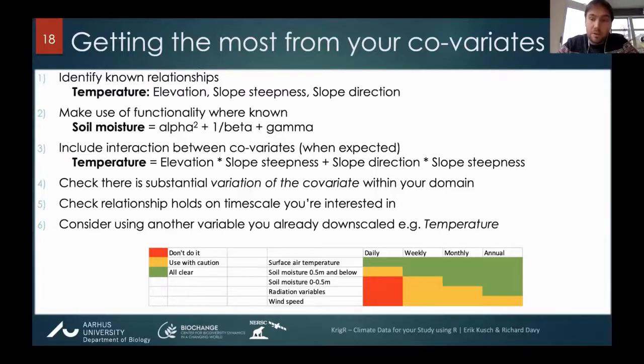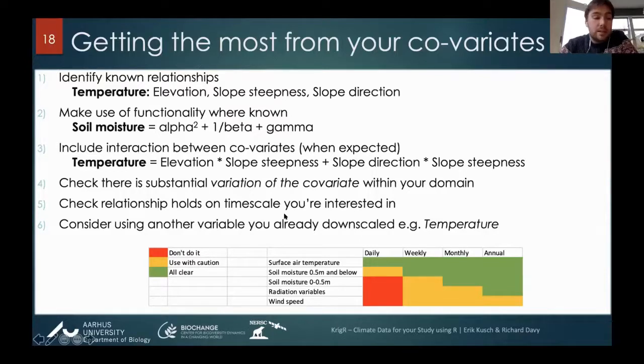It won't depend upon the soil properties themselves, because it doesn't have sufficient time to respond. This is especially important if you're interested in soil moisture depth as well, like 0.5 meter below the surface. It'll take time to respond, so you won't necessarily have the same relationships at daily timescales as you'll have at monthly timescales. So that's another point you need to remember when you're choosing your covariates.